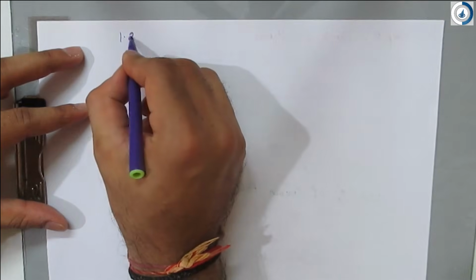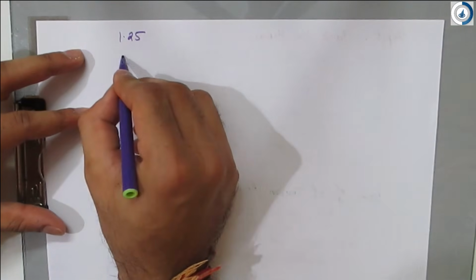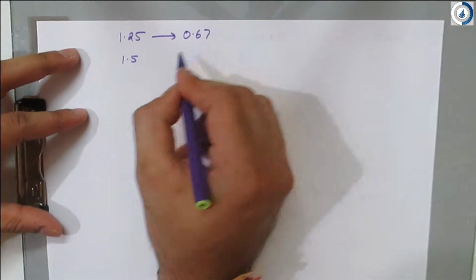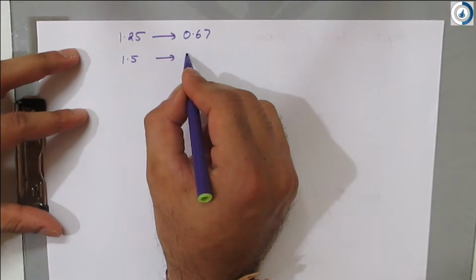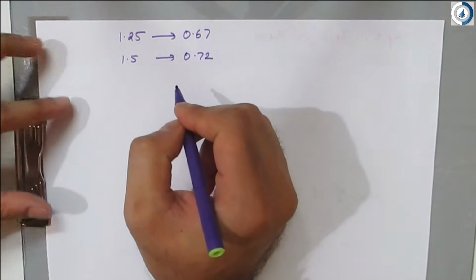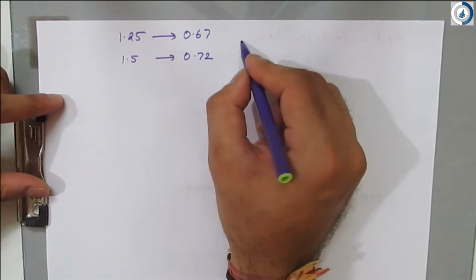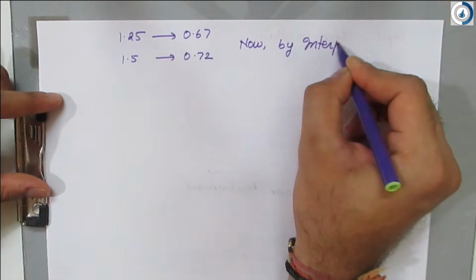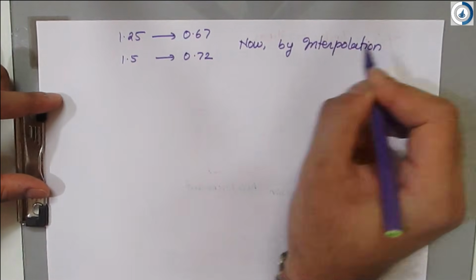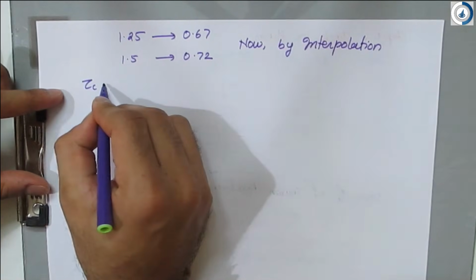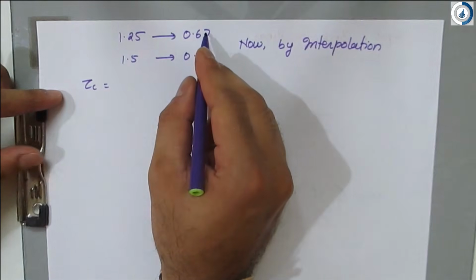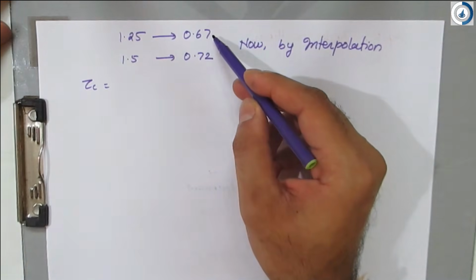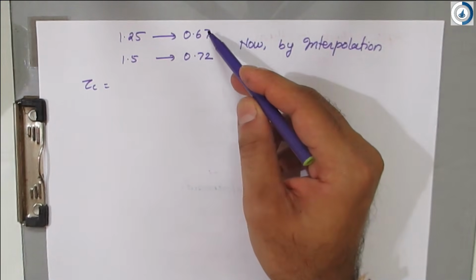As I have shown, it lies between 1.25 and 1.5. So for 1.25 the value was 0.67, and for 1.5 the value is 0.72 for M20 grade of concrete. Now by interpolation, tau C: listen, in the previous interpolation method the values were decreasing. Now for this interpolation it is increasing.